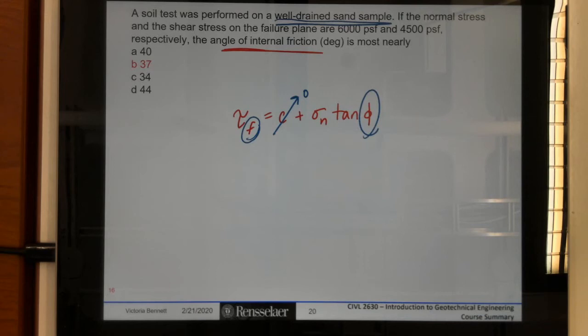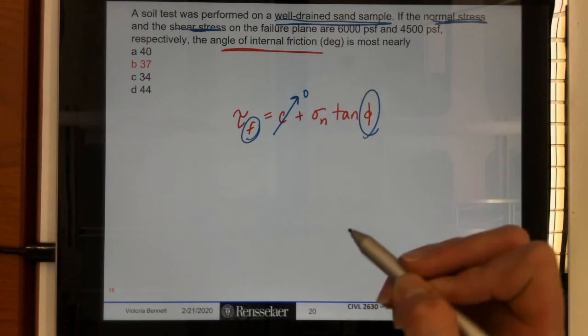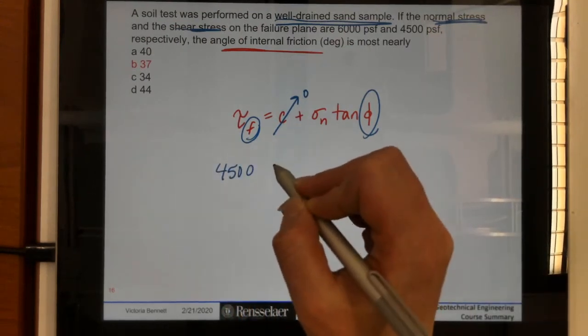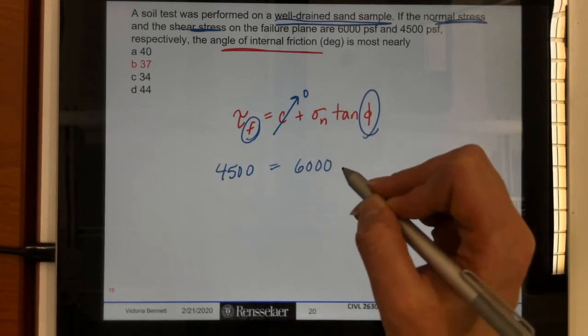So we could solve for the angle. Normal stress, and we may explicitly say normal stress versus shear stress. Shear stress is 4,500, 6,000 for the normal stress.